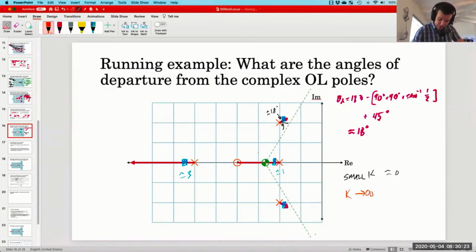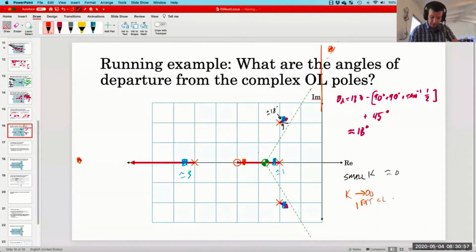the closed loop poles are going to follow the root locus branches. So we'll get one there. We'll get one way out there. And we'll get one on these root locus branches, and they are these asymptotes. These asymptotes go off the page, but the idea is that this asymptote crosses into the right half plane. So for very large k, we get one super fast closed loop pole, and that's this one.